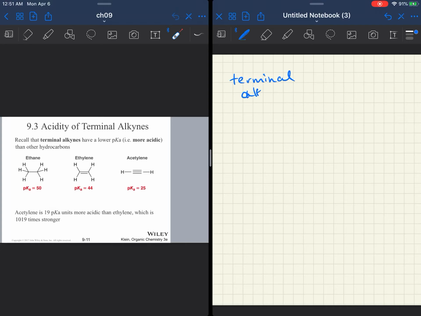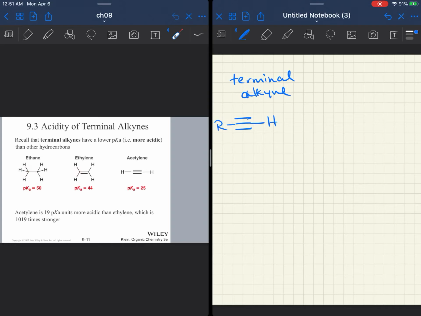All right, now continuing on talking about our properties, especially when we think about the terminal alkyne, we have some interesting properties with acidity. Right, when you have a proton attached to a triple bond. We talked about this in chapter 3.